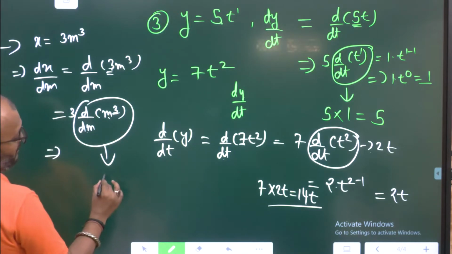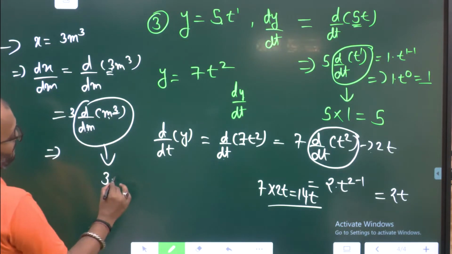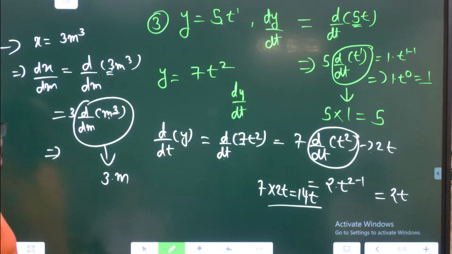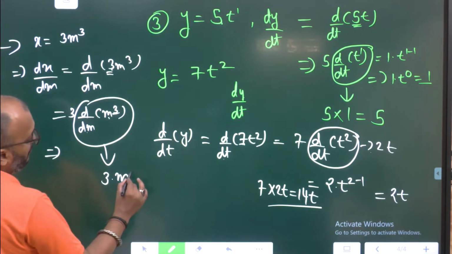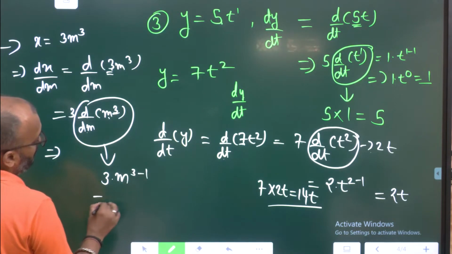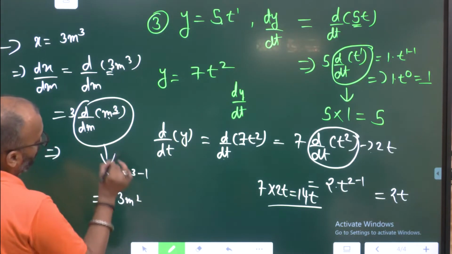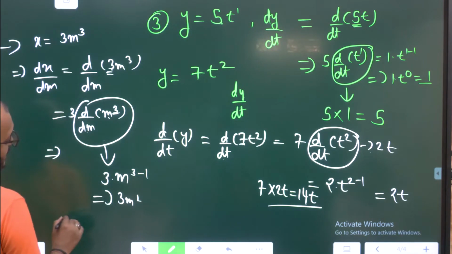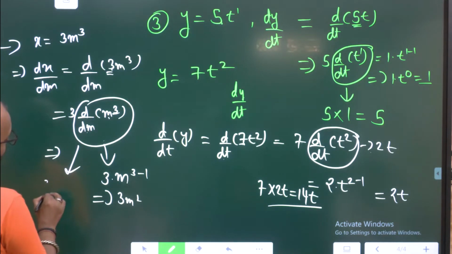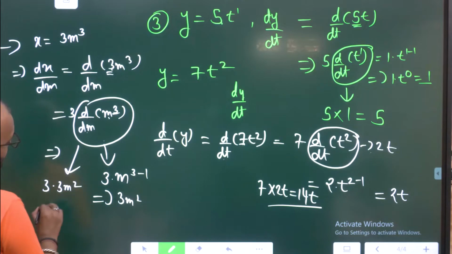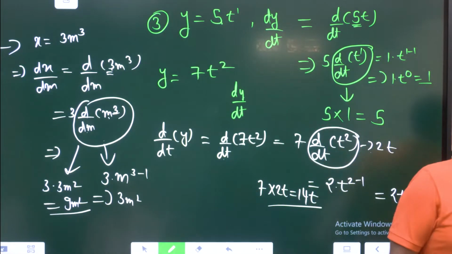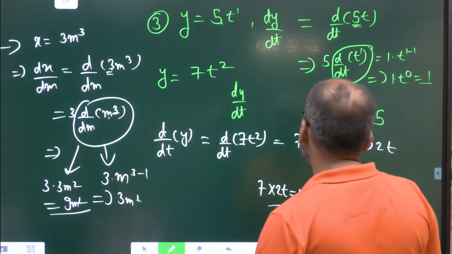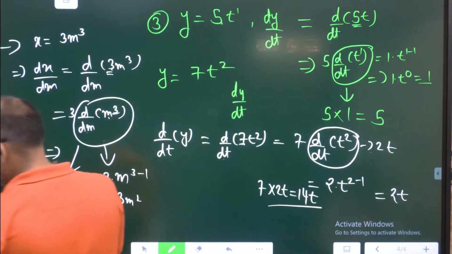Write down the power. So 3 is the power. Multiply it with the variable. m is the variable. Now raise the power of m: write down the power 3 and subtract 1 from it. So you got 3m square from this, and 3 was also there. So 3 into 3m square will give you 9m square. Clear? Yes, sir. Everyone got the answer? Please note it down, then we will move ahead.